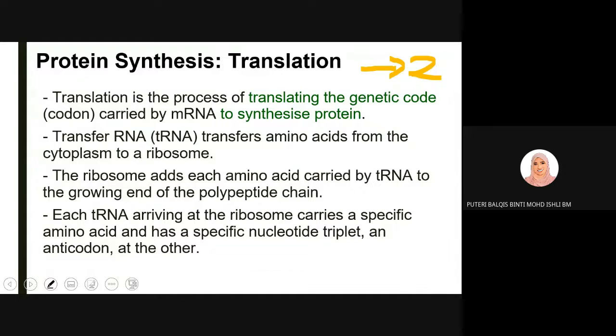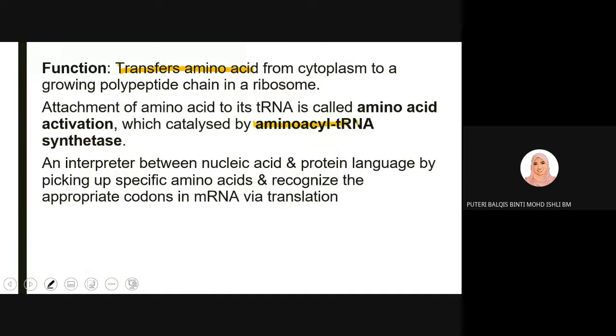The first enzyme is aminoacyl tRNA synthetase, and this enzyme is used in amino acid activation.